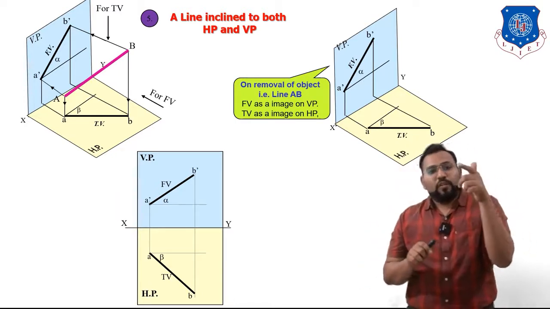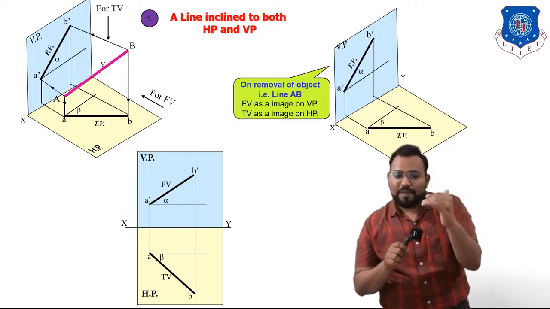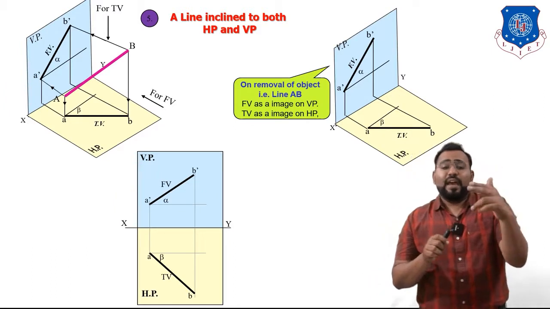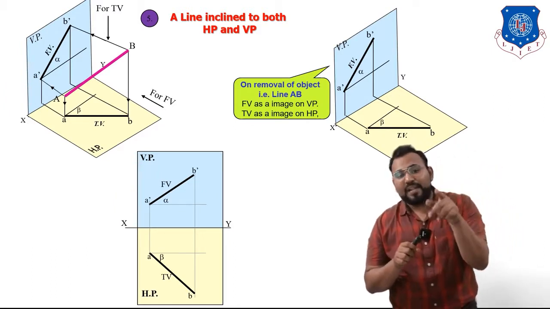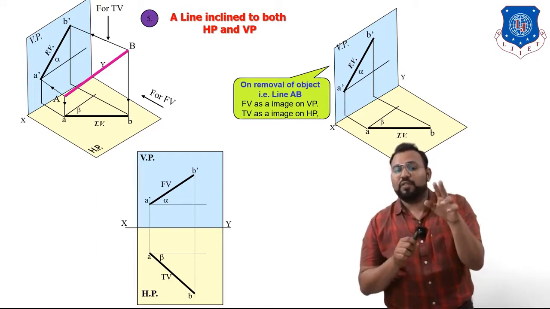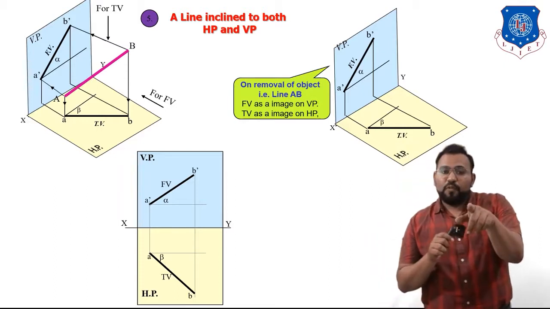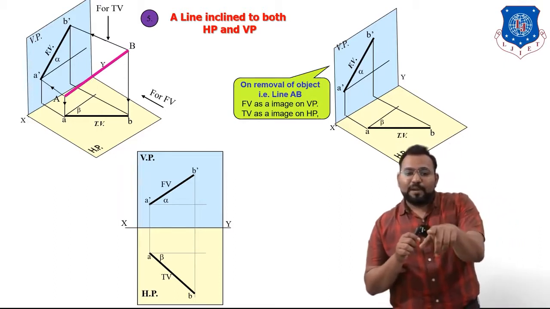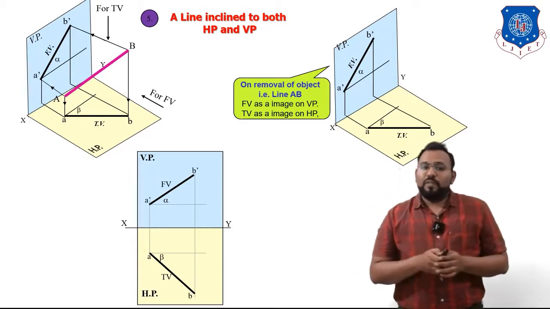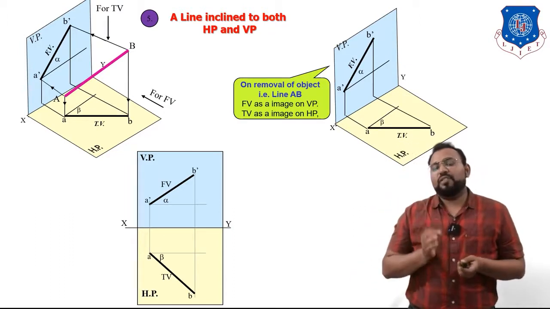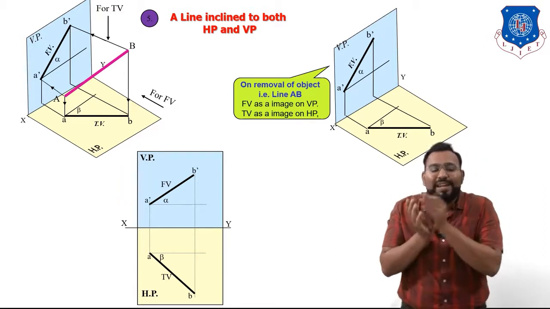So whenever front view and top view are both not true lengths, that is, when the front view is an apparent length and the top view is an apparent length, we have the angle alpha and beta. If the front view is not showing a true length, then we show the angle alpha in the front view, and that angle is known as the apparent angle. In the same way, the top view is also not showing the true length, so it is an apparent length, and there is angle beta, the apparent angle beta. Always remember, theta and phi always come with the true length, and the angles theta and phi are known as true inclination.